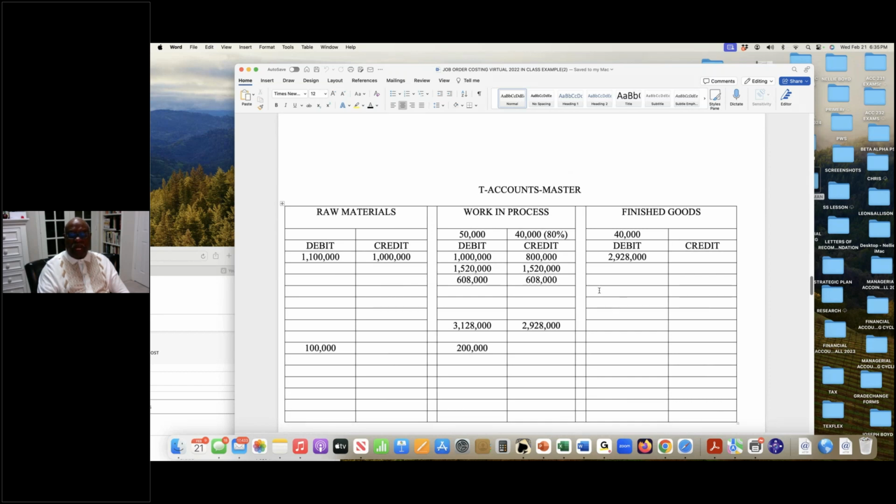And the actual unit cost that we're going to be utilizing in the problem is going to equal the actual cost, 2,928,000, divided by the 40,000 that we actually completed.